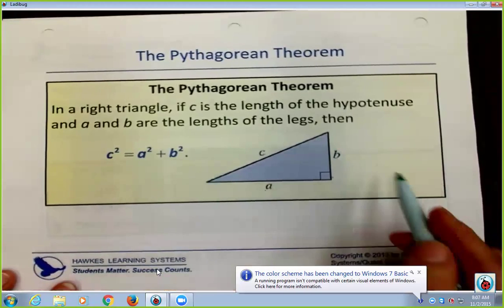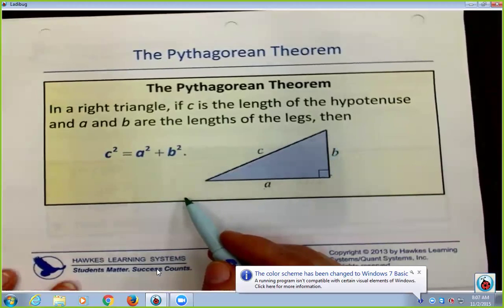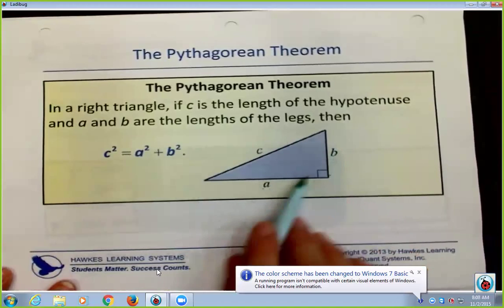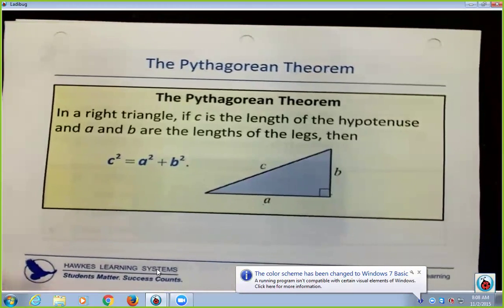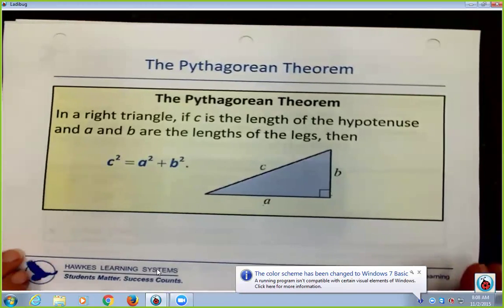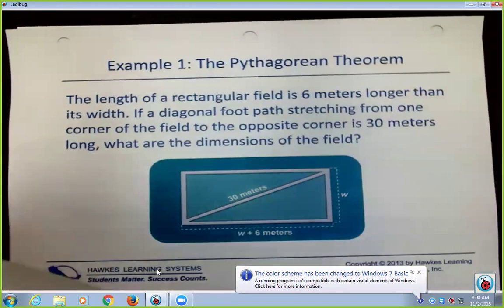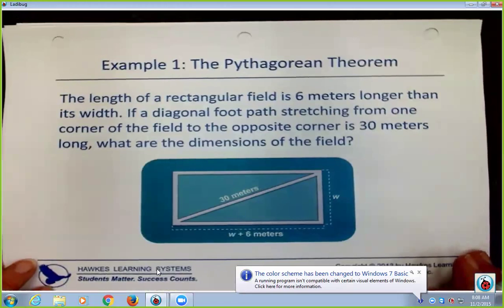And so if we know the sides of our triangle, we can end up finding the hypotenuse. Or if we know the hypotenuse and we need to know some pieces of information about those legs, we can end up finding out what those legs happen to be, or sides of a rectangle is how we're going to use it in here. So that's the Pythagorean Theorem, and that ends up being a piece that we need to use.